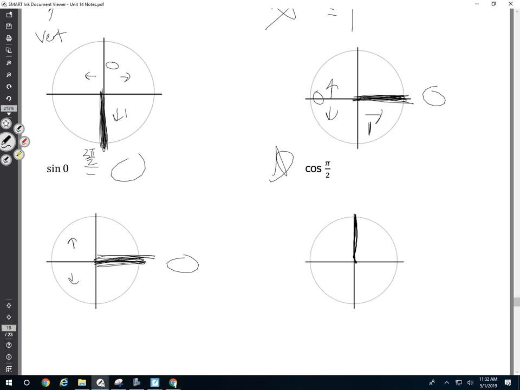Up here. Cosine. Adjacent. Horizontal. From the origin, do I go to the left or to the right at all? No. I do go up 1. Cosine of pi over 2 is 0. The sine of pi over 2 is 1.